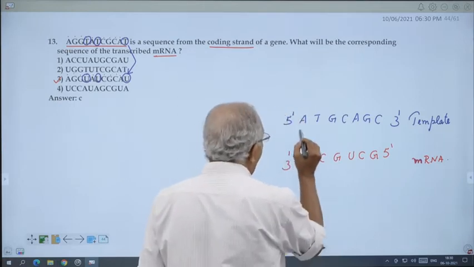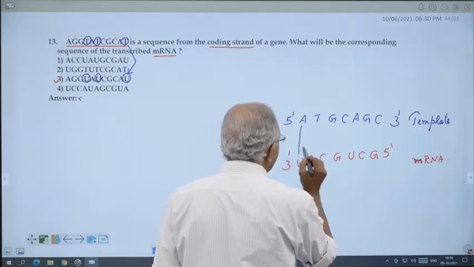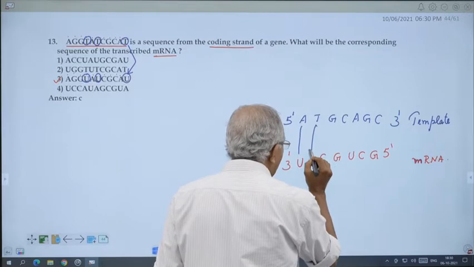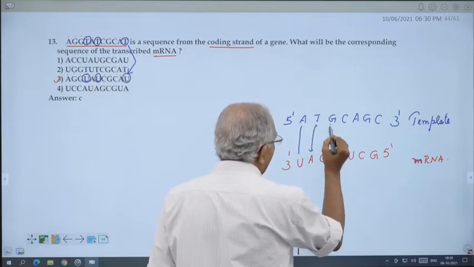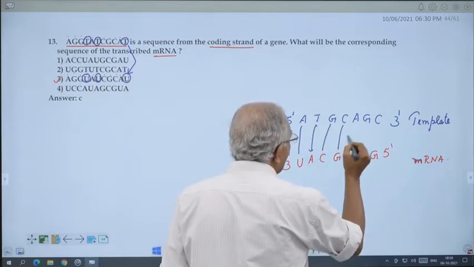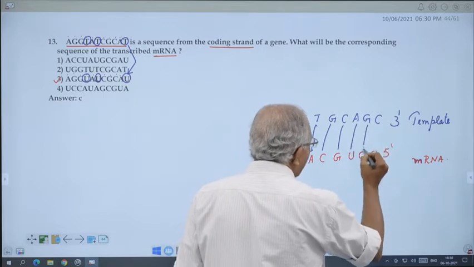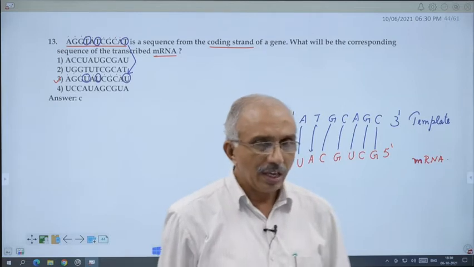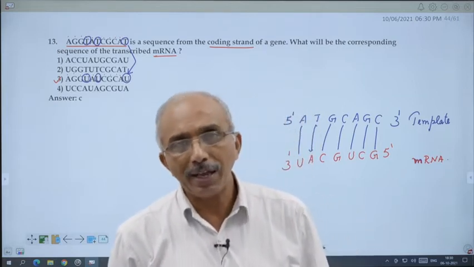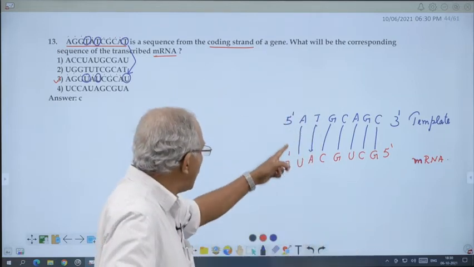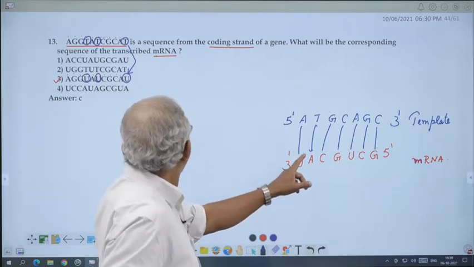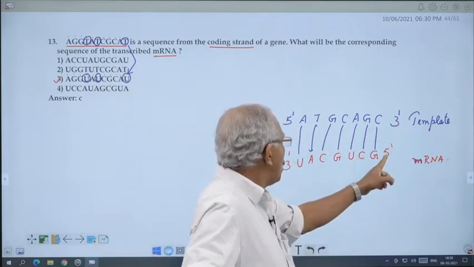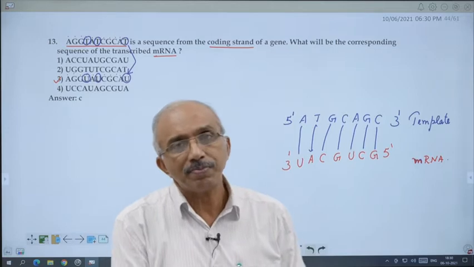You write the complementary sequences. T should write A. Like that, you should write the complementary sequence. The ends also are marked complementary. Here it is 5 dash, so you mark 3 dash. Here it is 3 dash, you mark 5 dash.